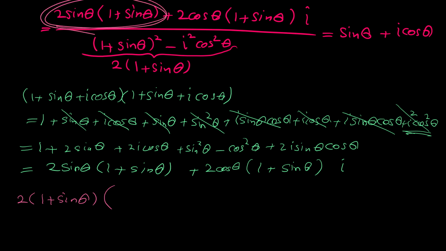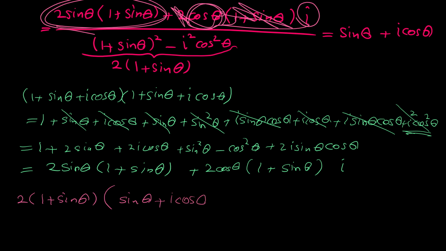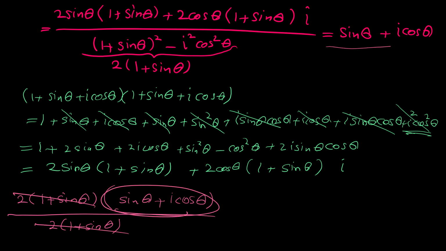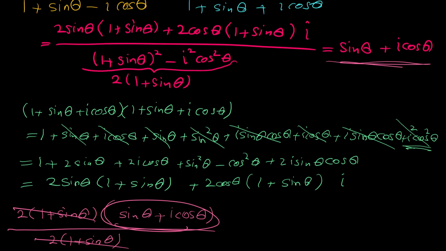From the first term, we have only sine theta. From the second term, when we factor a 2 and this, it remains this cosine and this i. We have i cosine theta. This is what happens in the numerator when we factor that. In the denominator, we have exactly 2 times (1 plus sine theta). This completely cancels with this, and this is the answer that we have here.